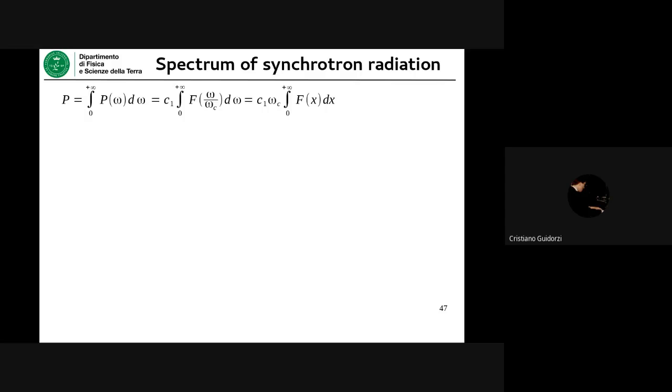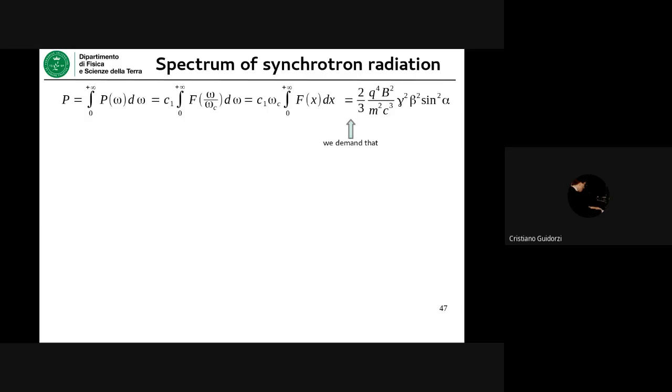Okay, this is another mathematical passage in which you redefine the integration variable. So you see that you have x, which is a dimensionless quantity, so the scaling is just with omega c. But we know the result. And indeed, this result that I put here is the formula we obtained applying the relativistic Larmor formula for a given electron with a given Lorentz factor gamma and a given pitch angle alpha, if you remember.